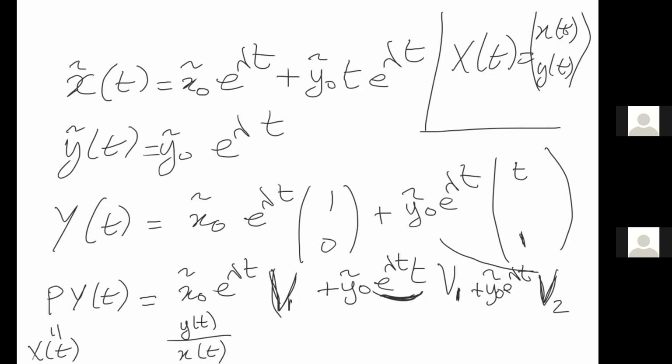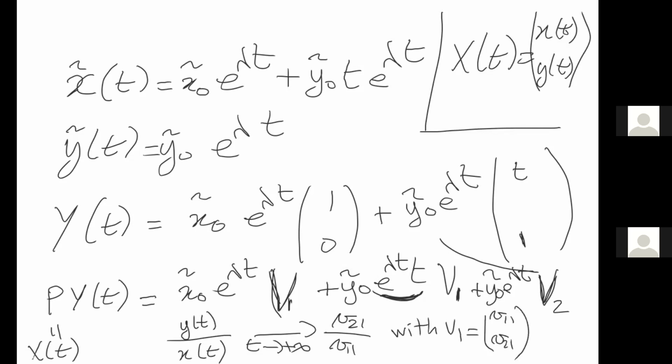And so here I will get that this is converging to v21 divided by v11, where v1 equals (v11, v21). All right.